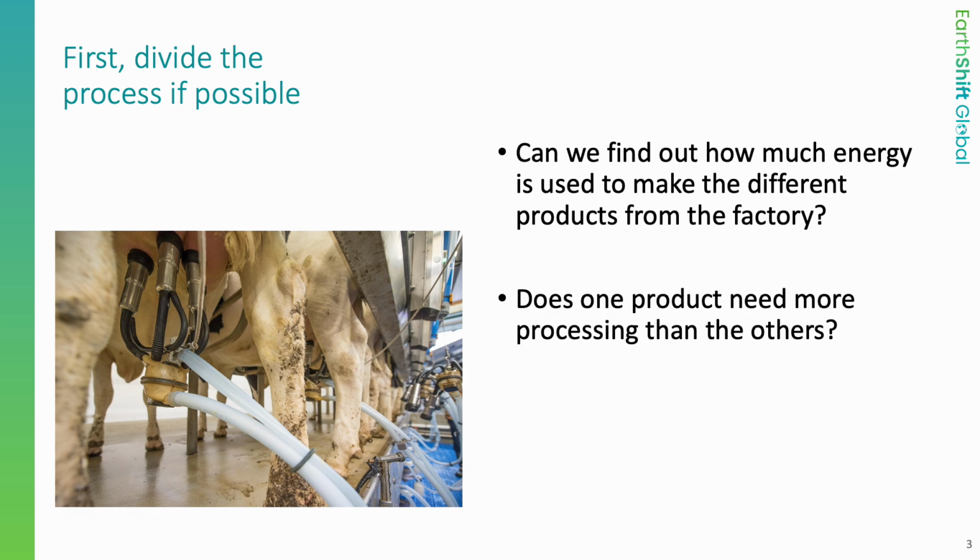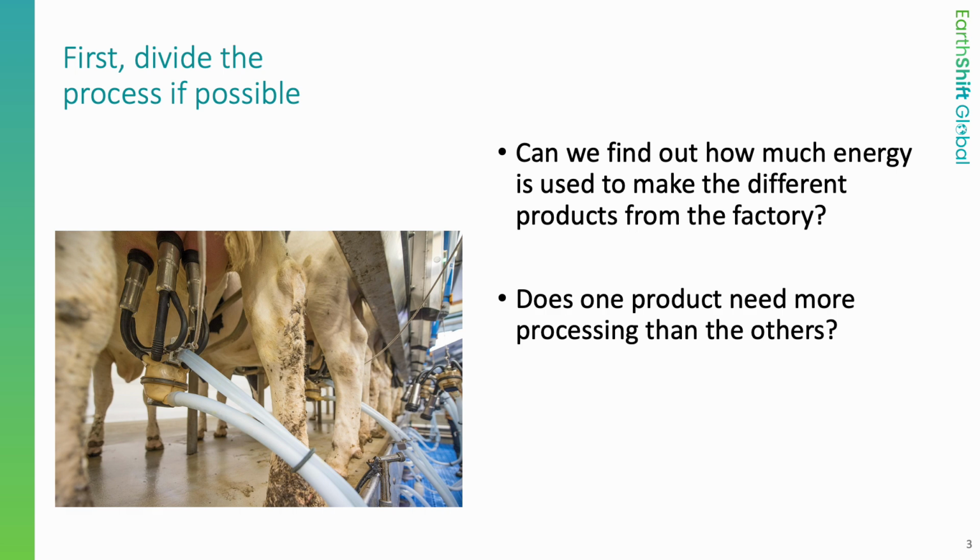So we're going to divide the system and just allocate the milking process to the milk. Same in the factory. If you know exactly how much energy is used to injection mold one piece, then you're going to allocate that energy appropriately. If you have a different energy consumption to injection mold a different piece, then you're going to use that.